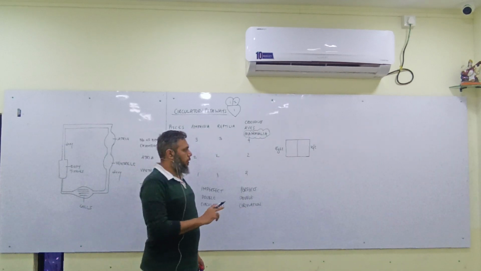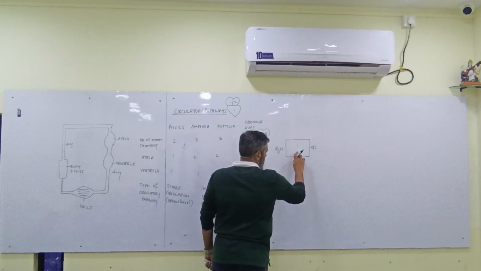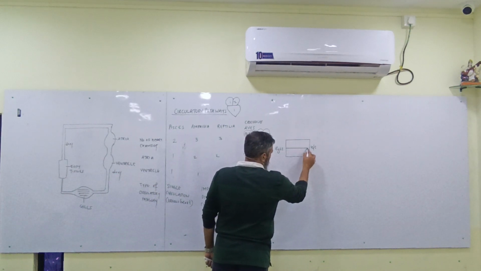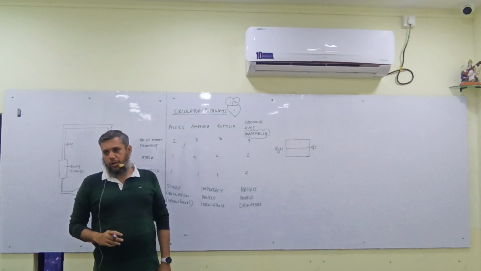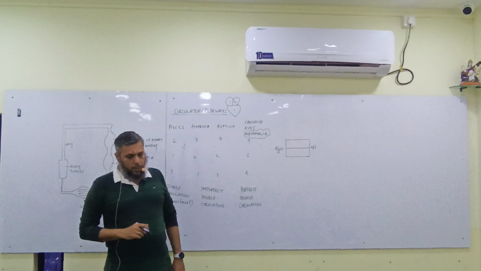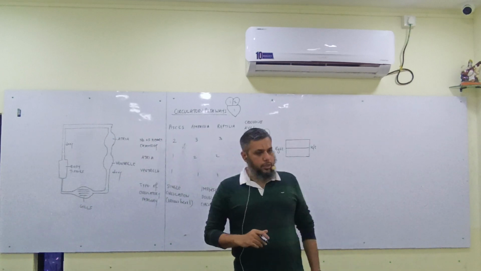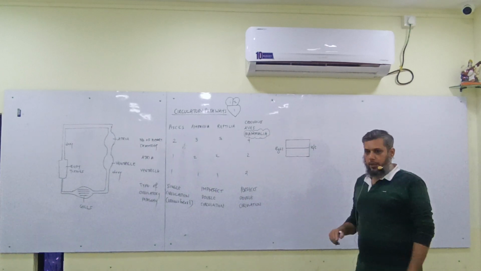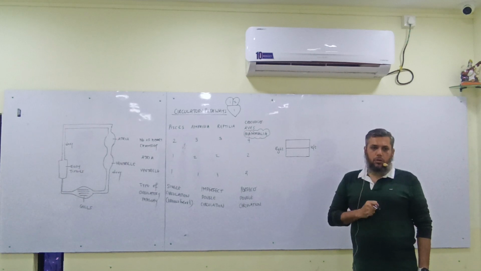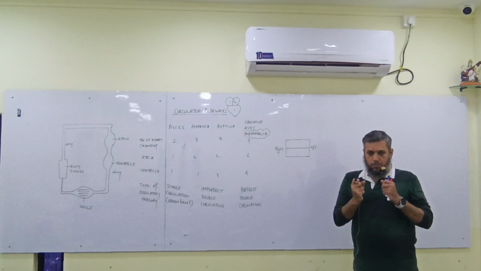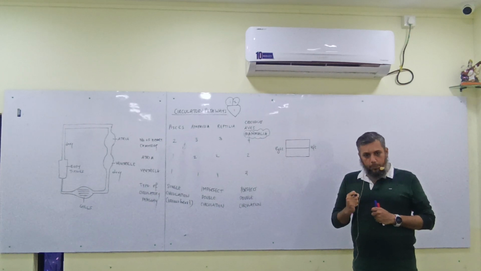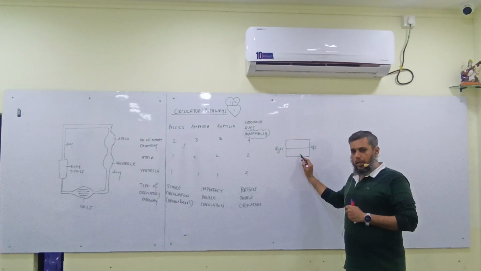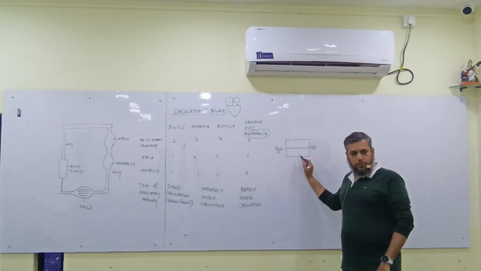Okay. Now let's remove that line. Now I have divided the heart into upper and lower parts. The upper part of the heart is the receiving part, a receiving chamber which is called atria. And the lower chamber is the pumping chamber of the heart, which is called the ventricles.